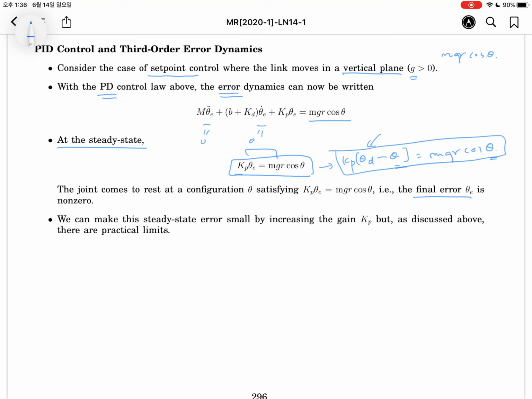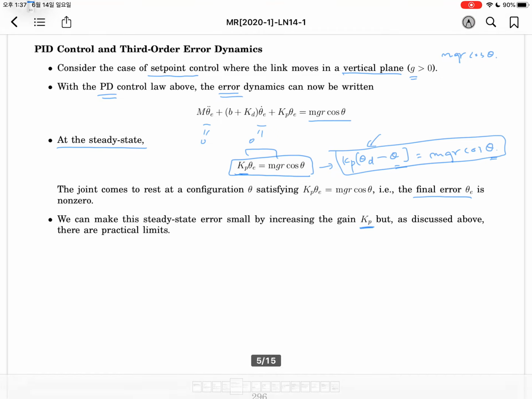Like this, in the presence of gravitational torque, we cannot eliminate the error at the steady state. If you increase Kp, then theta_e, the error, will be reduced, but it cannot be 0.